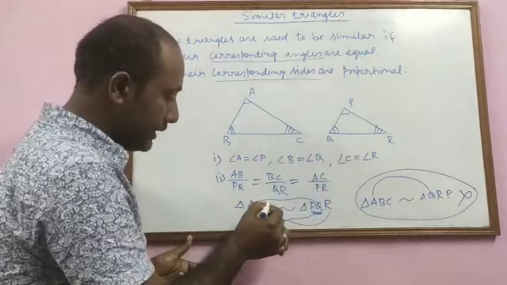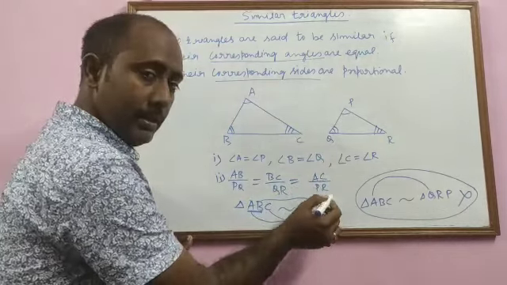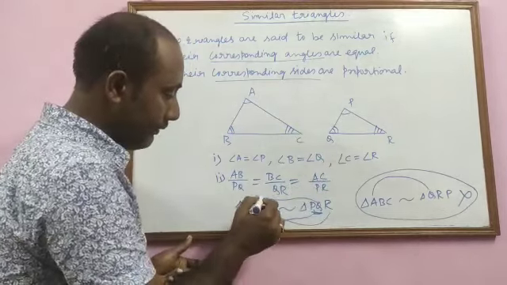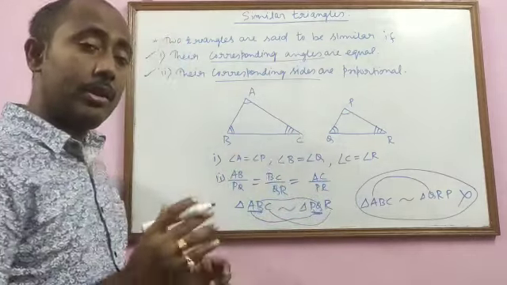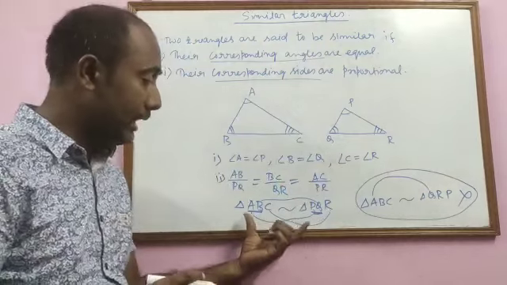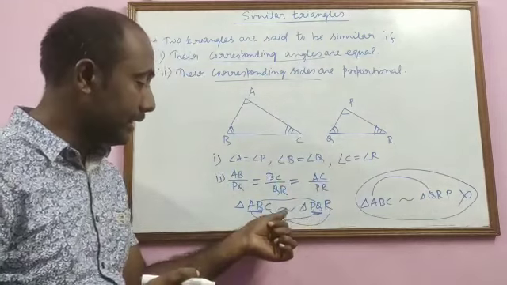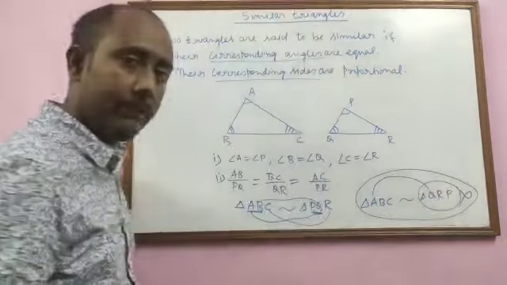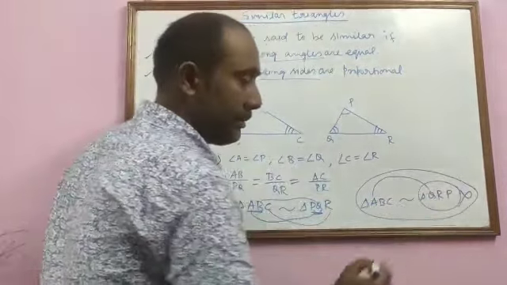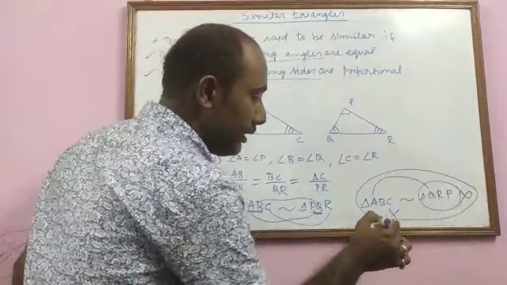AC by PR: first, third; PR first, third. So the vertex to vertex is matching with the vertex to vertex of the other triangle. You have to take care of this when writing the two triangles in symbolic form. You cannot write any name of your choice with a sign of similarity. If you do so, that is wrong.